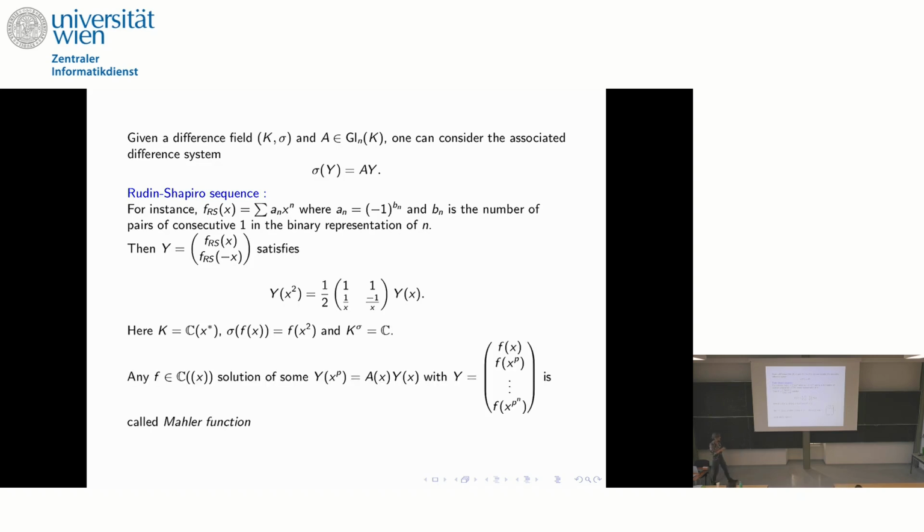And I will say that any Laurent series with complex coefficients solution of such a system is called a Mahler function. Usually for a Mahler function, you would look at algebraic coefficients over Q to have transfer properties, but here I am changing the terminology a little bit.